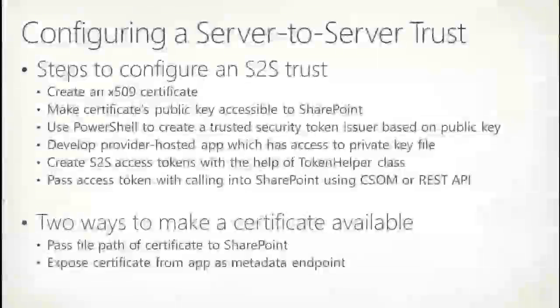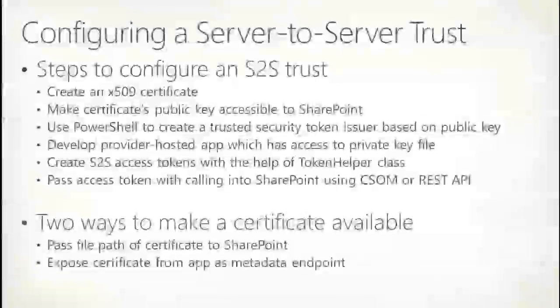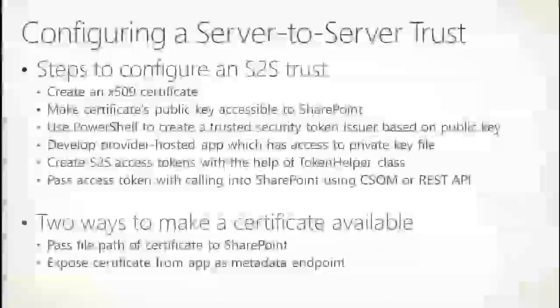For production, there's plenty of companies that you can go to for an X509 certificate. Okay, then we have to make the certificate's public key accessible to SharePoint. We're then going to use PowerShell to create a trusted security token issuer, which is always based on one particular certificate, and it's created by looking at the public key of the certificate.